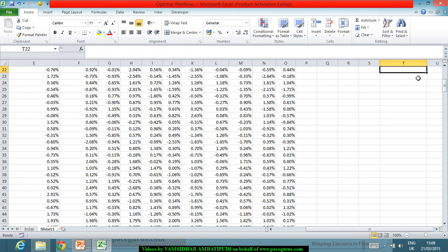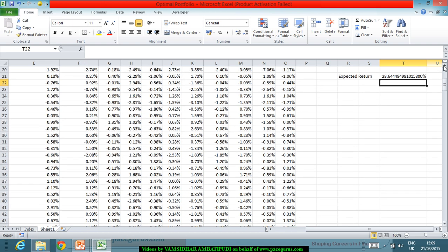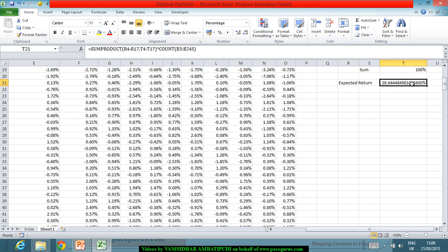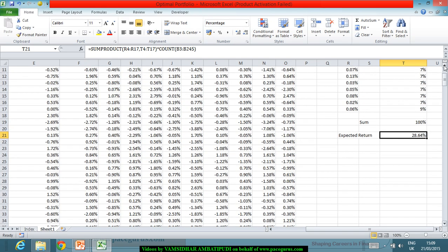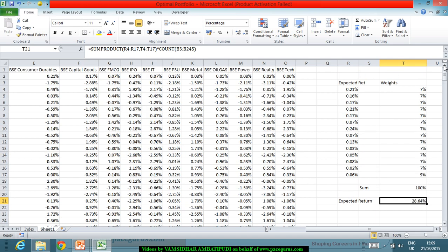Okay, so it is working out. If I am investing in this proportion, it looks as if I'm getting a 28.64% return. Great, right? If I'm going in this proportion, my expected return is almost 28.64% on an annual basis.